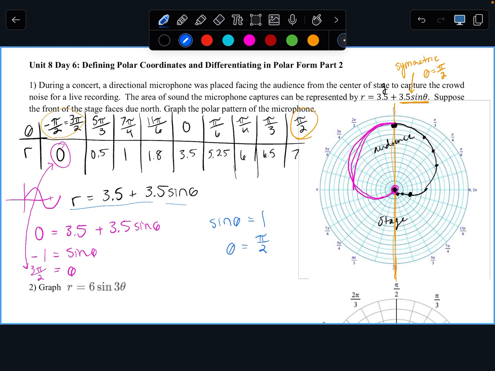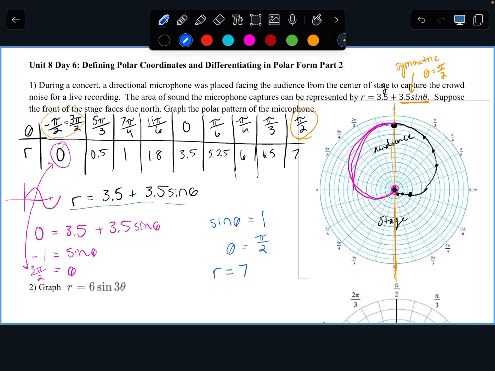So you can figure out where am I back at my origin by figuring out when does my r equal 0, and then where is my r at its largest point, furthest out. When my radius is 7 is when the sine equals 1.